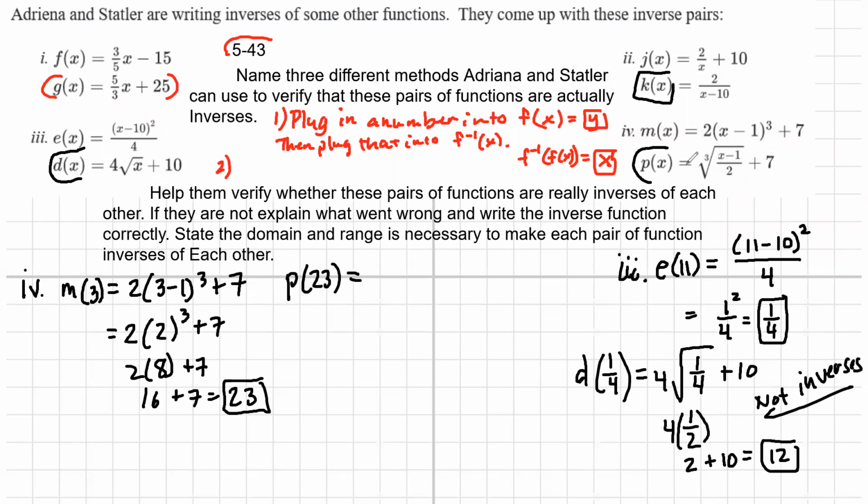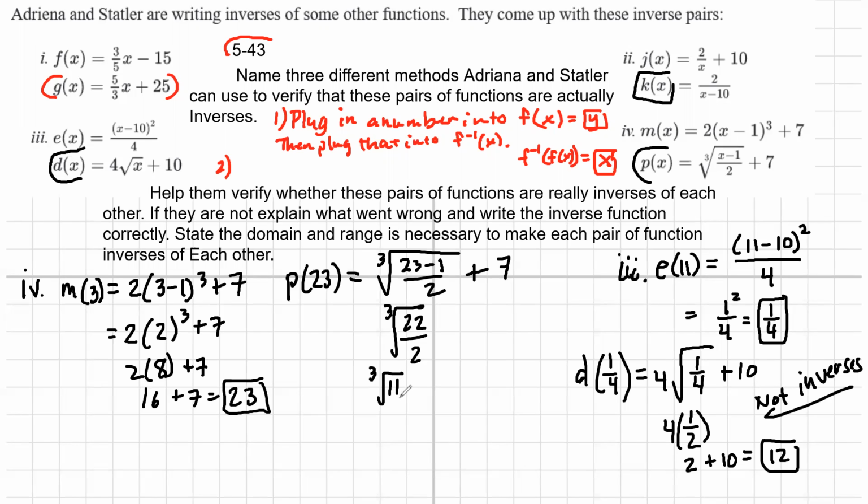P of 23 is going to be the cube root of 23 minus 1 over 2, plus 7 at the end. 23 minus 1 is 22 over 2, so that's the cube root of 11.